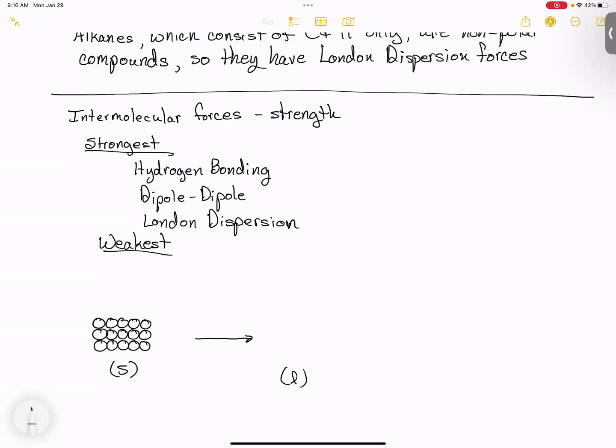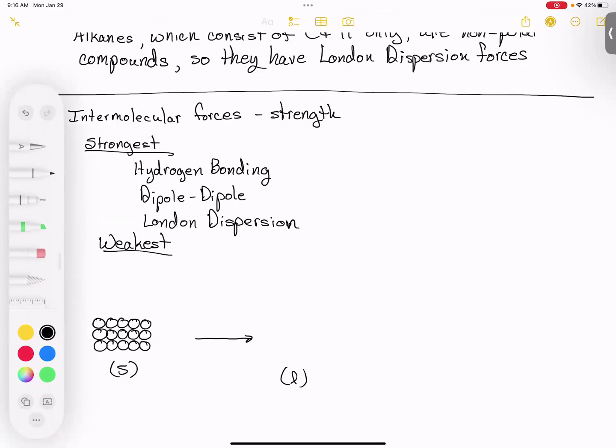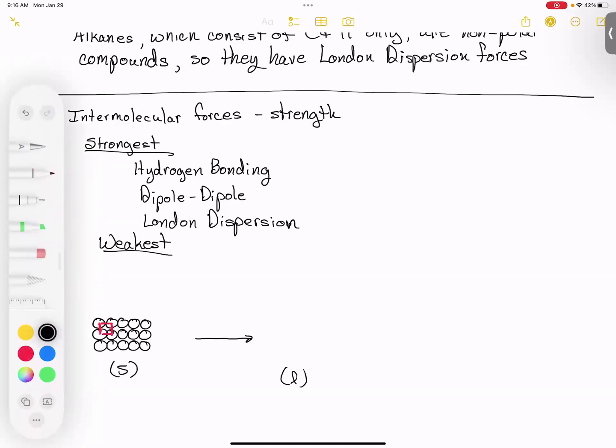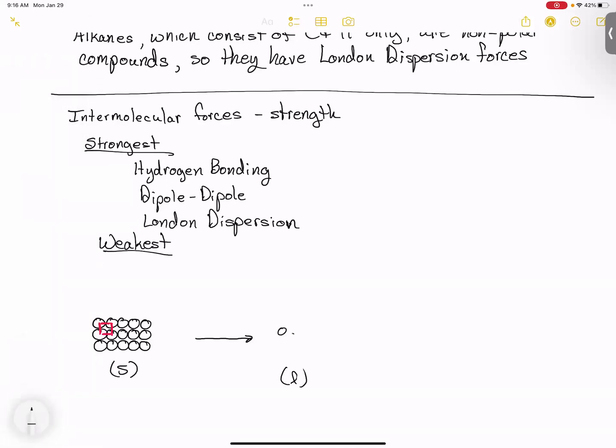Well, in this solid, we have extremely strong intermolecular forces. That's what makes a solid: stronger intermolecular forces. In order to be able to make it into a liquid, we have to break some of those intermolecular forces.